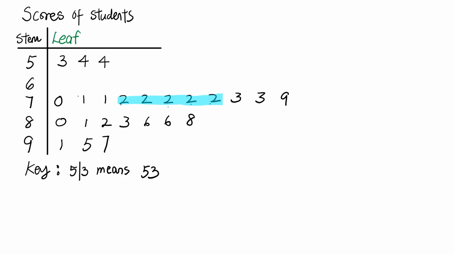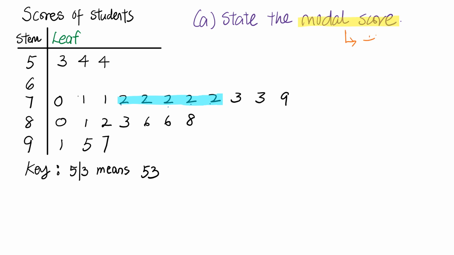Right, so using this representation, the stem and leaf diagram, let's answer some questions. Supposing you are asked to state the modal score. So you need to understand what modal score means. Basically, it means the most popular score.